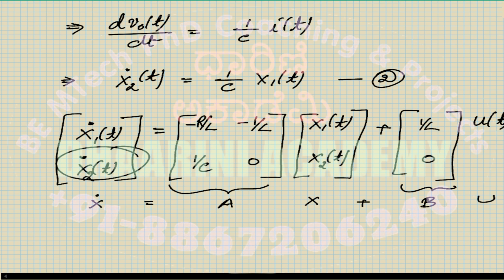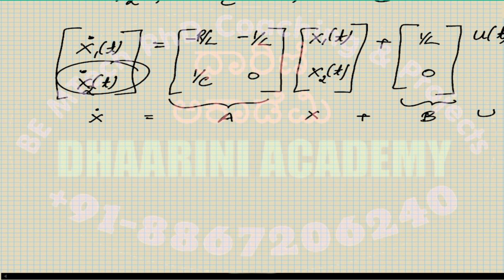Now, similarly, write the y. Okay, so for writing y, what is y of t? Let's write the equation for y of t. Y of t is equal to, in this case, y of t is simply v naught of t, correct? What is v naught of t? V naught of t is simply x2 of t in this case, isn't it? Right. So in general format, the y of t is written in the following format.